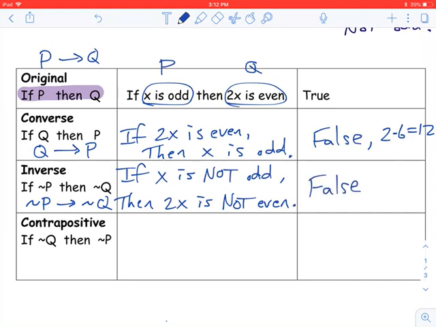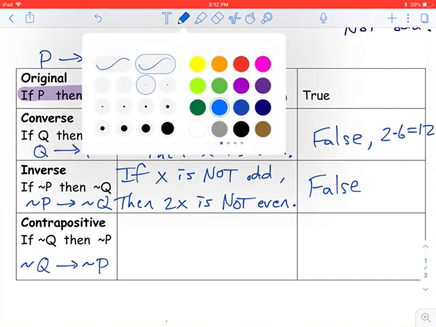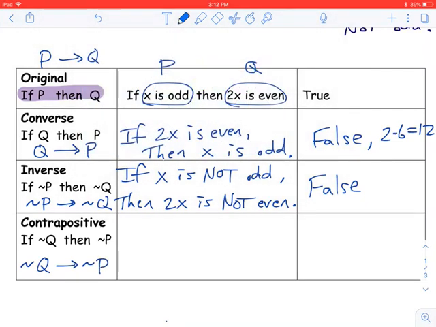Okay? And so the last one is not Q implies not P. Not Q implies not P. So I'm switching it. If 2x is not even, then x is not odd.